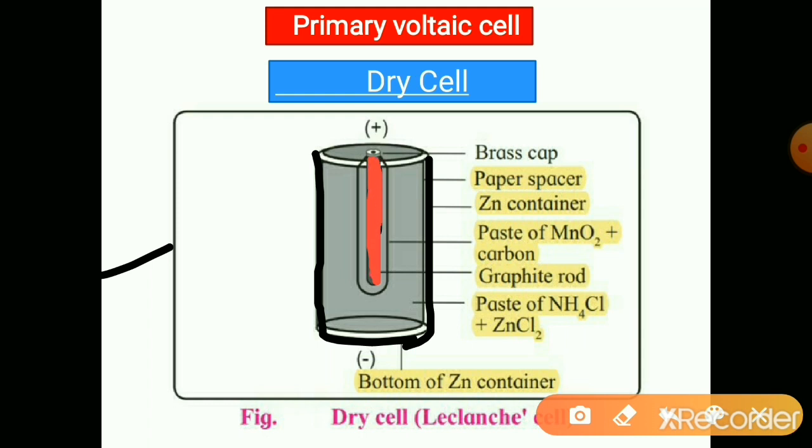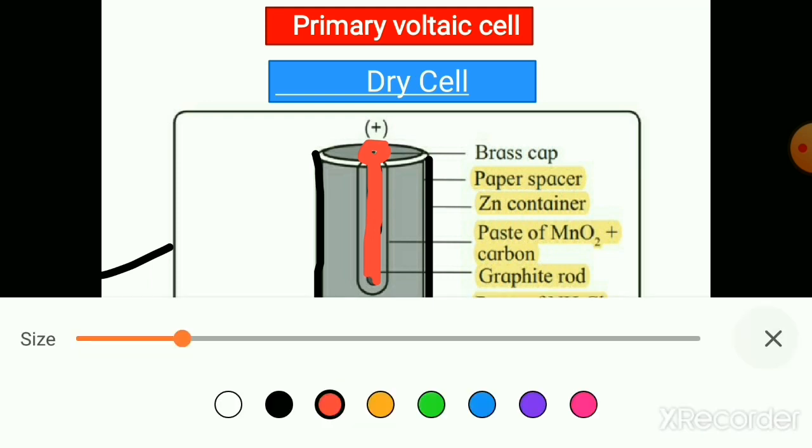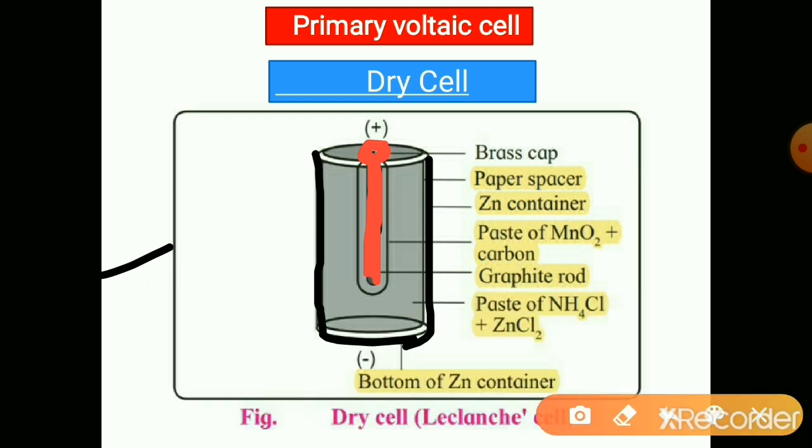The top of this graphite rod is closed by a brass cap, and besides this graphite rod, a paste of MnO2 and carbon is filled. Exactly outside of this graphite rod, a paste of MnO2 and carbon is filled. This is the black colored powder.